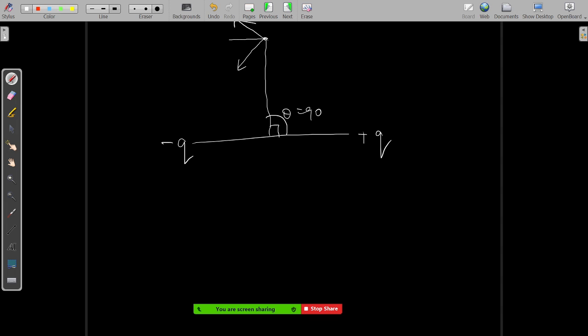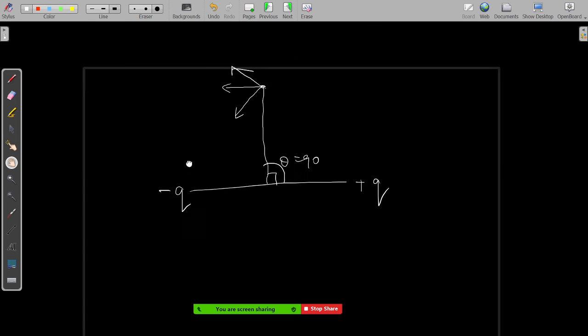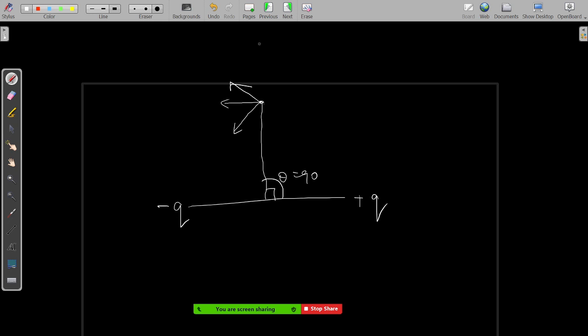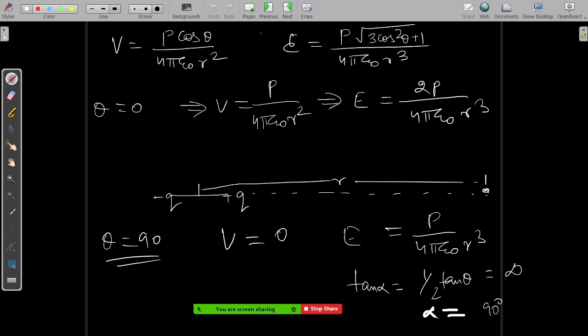We have already found this direction of electric field, correct? So that direction is basically from the radial direction, that is 90 degrees. So that is what you have got, alpha.